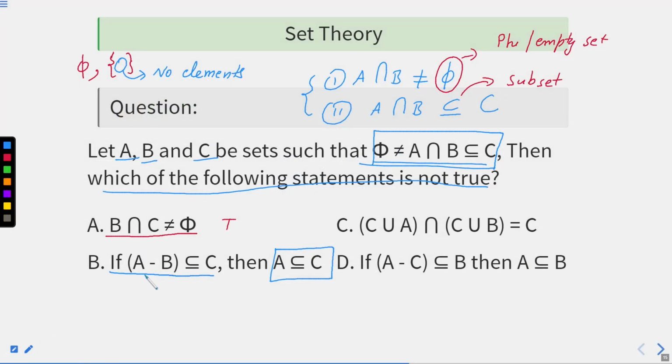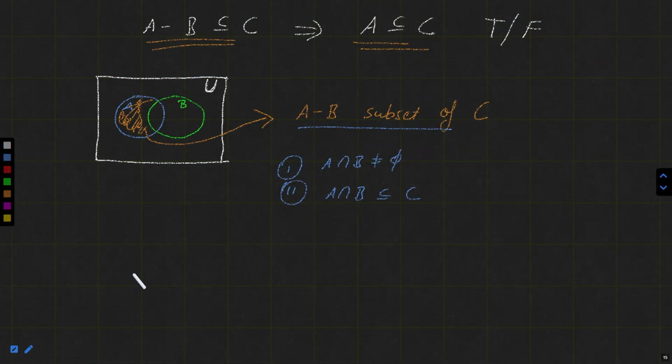Let's come to the blackboard. A minus B is a subset of C, and these three pieces of information are given to us.